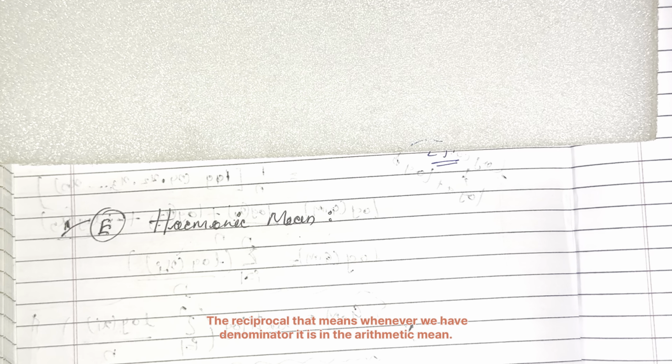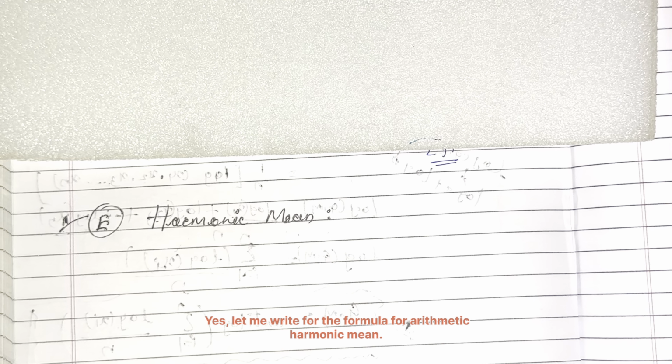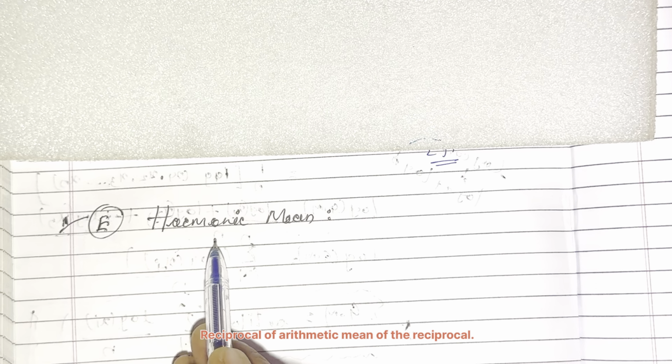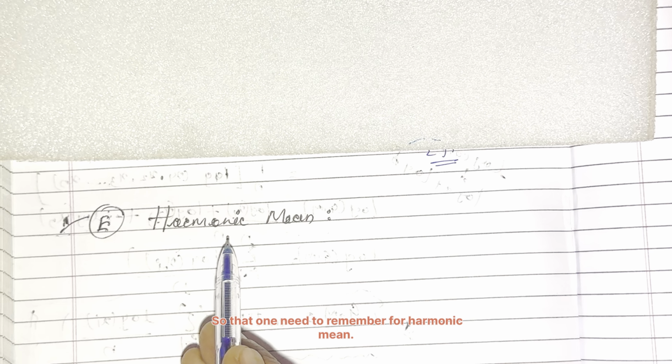That means whenever we have the denominator in arithmetic mean, we consider it the harmonic mean. Let me write the formula: the reciprocal of the arithmetic mean of the reciprocals. That is what you need to remember for the harmonic mean.